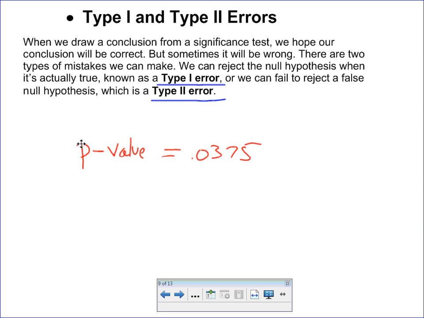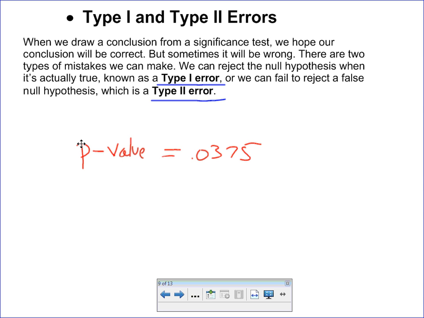These are not mistakes we made in designing the experiment. These are not mistakes we made in our calculations. They are errors due to the inherent probabilities and uncertainty and randomness. It's basically saying, and this is where statistics gets ugly, that we can do everything right and still get the wrong result because of bad luck.